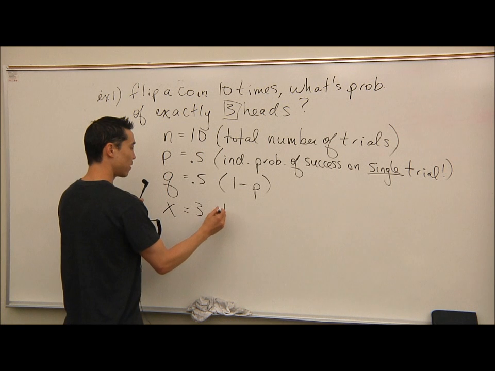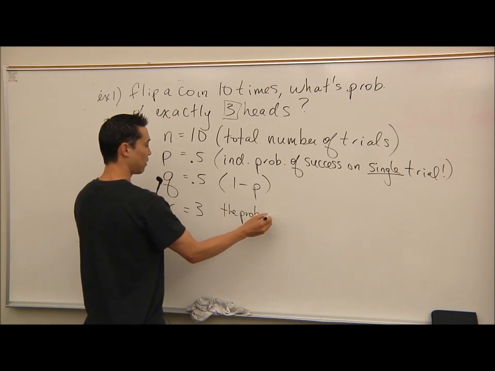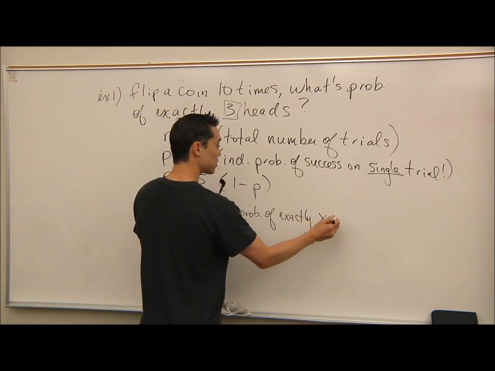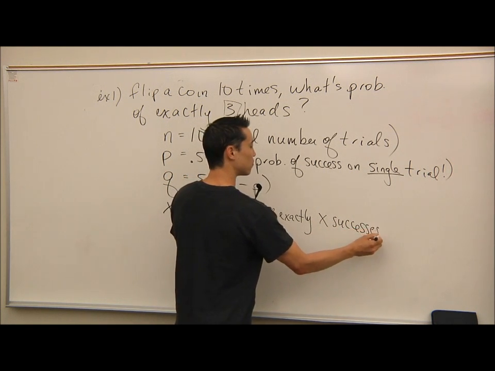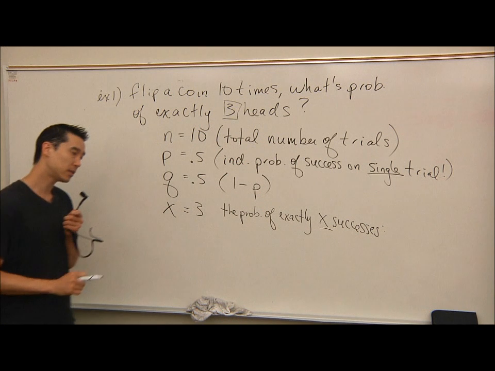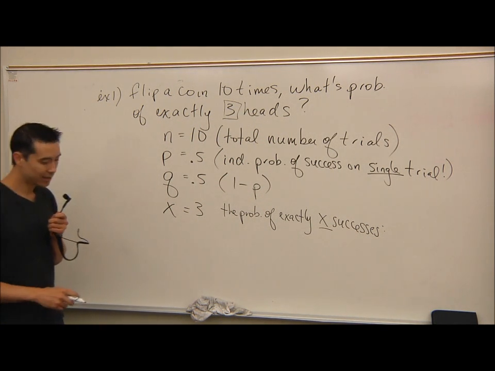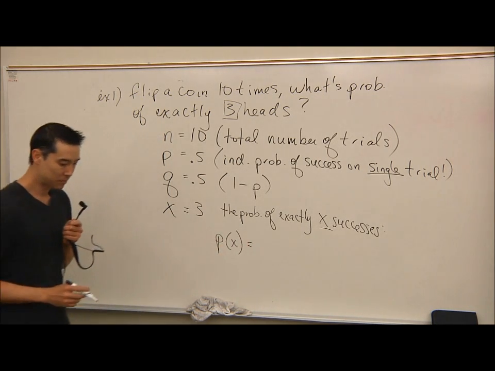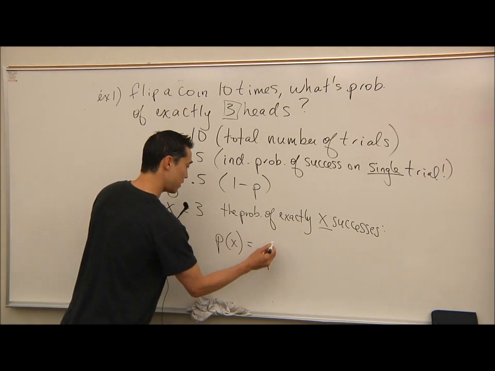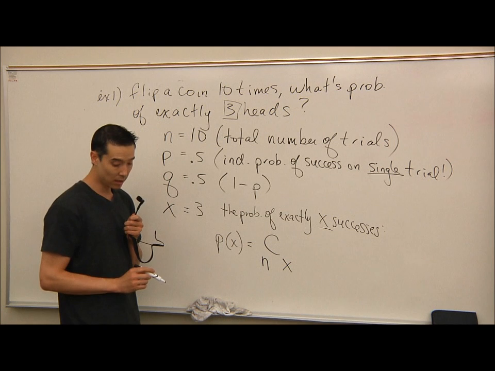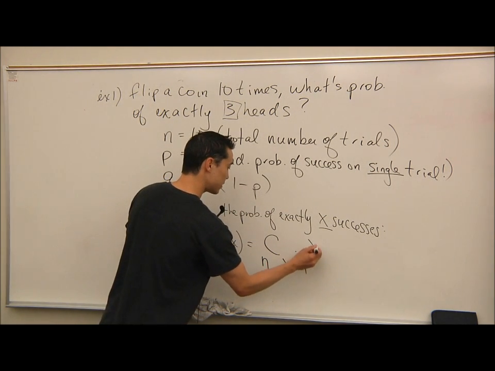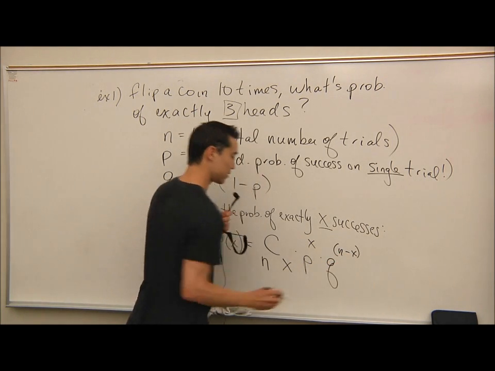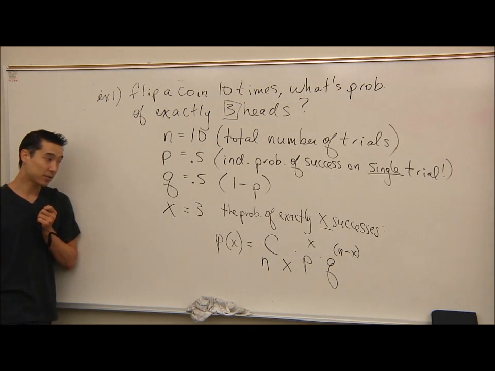Here's my formula. In a binomial probability, the probability of exactly X successes is, we'll write it, P of X equals nCx times P raised to the X times Q to the N minus X. All right, that's your formula.